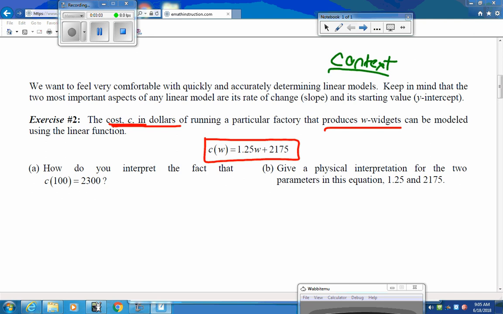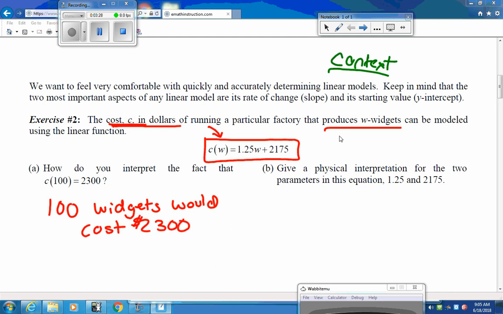Well, that's going back to the context of the question. What's the question about? If you look in the parentheses, W is widgets. So you could write out an interpretation in a sentence: this means 100 widgets would cost $2,300. And again, what I'm doing is using the variables that they provided in the question. They're going to give you those variables.